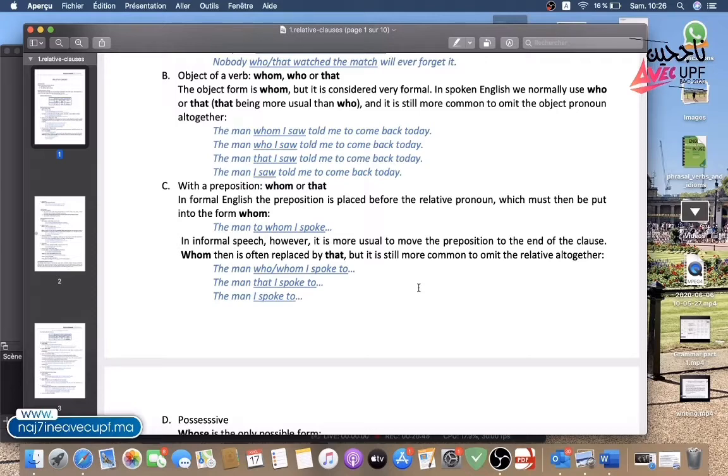In informal speech, however, it is more usual to move the preposition to the end of the clause. Whom is then often replaced by that, but it is still more common to omit the relative. To omit, c'est-à-dire, to drop, okay? To drop, to omit the relative altogether. The man who I spoke to, the man whom I spoke to, same. The man that I spoke to, correct. The man I spoke to, correct. Ça marche.